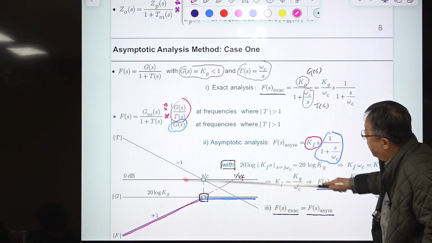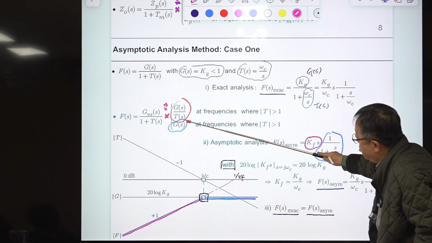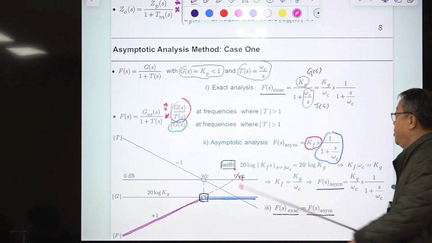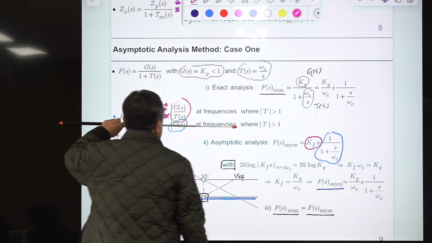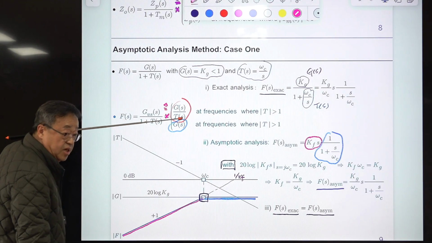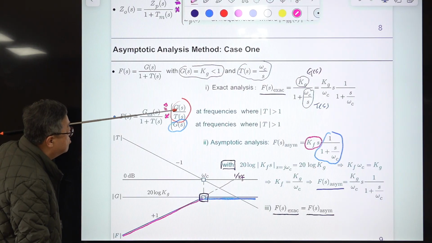apply this. After loop gain crossover frequency, it follows the asymptotic plot of GS, which is this. Below this frequency, it follows this one. This one is GS divided by TS in dB scale. In log scale, this is what?